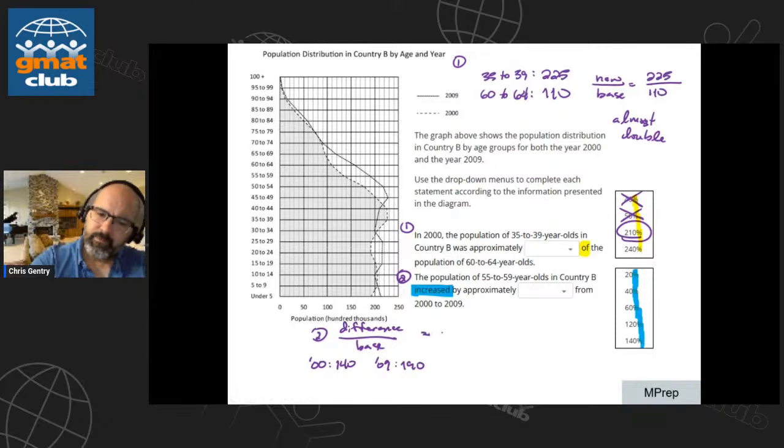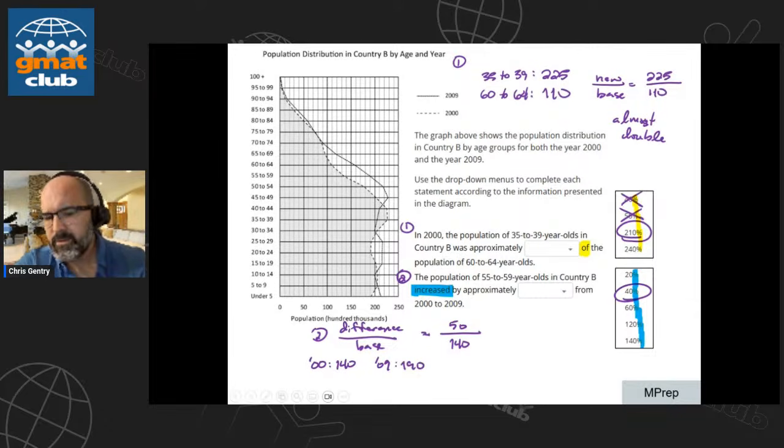And so my difference here would be a difference of 50. My base would be 140. That is going to be just a little bit more than a third. So we would go with 40% on that one.